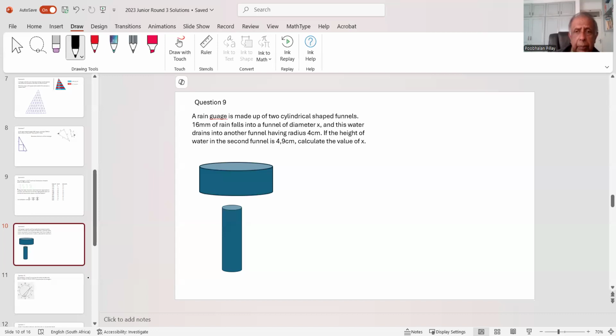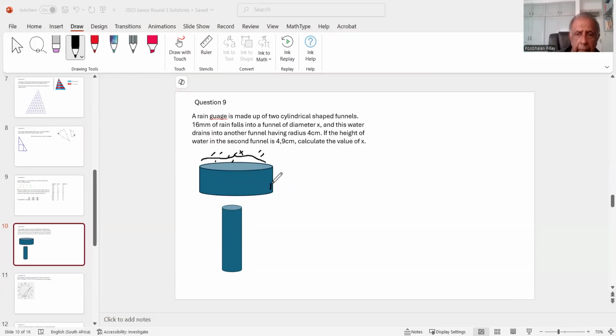Those are cylindrical shaped. Now, 16 millimeters of rain falls into a funnel of diameter x. Right, so here the diameter is x. And the rain falls into this. Right? And 16 millimeters.